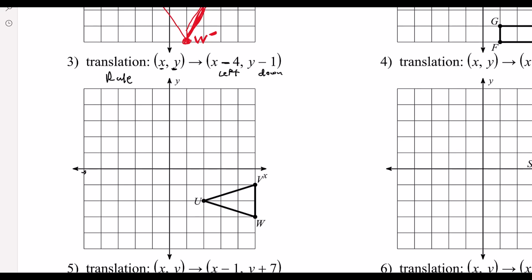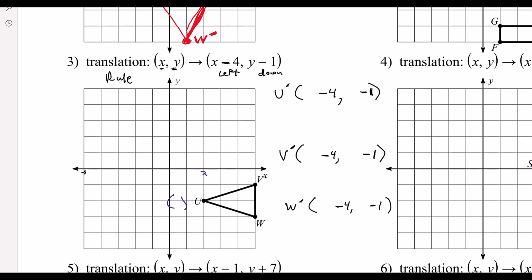Well, what that means is that when you write U prime, to the given X value you're going to have to subtract 4, and to the given Y value you're going to have to subtract 1. Same with the V prime. You're going to have to subtract 4 from the X's, subtract 1 from the Y's, and for the W prime, subtract 4, subtract 1. Well, let's find out what those points were.